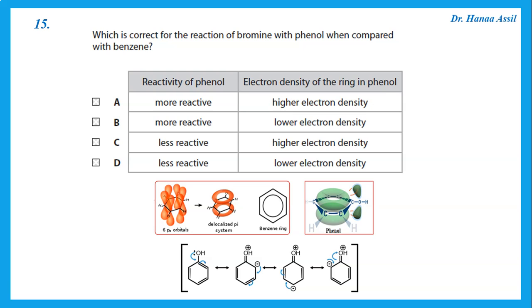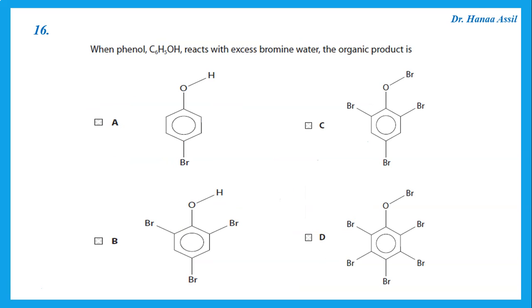This makes the benzene ring have more electrons available for reaction. So phenol is more reactive than benzene because it has higher electron density due to the lone pair of electrons on the oxygen being delocalized over the benzene ring.